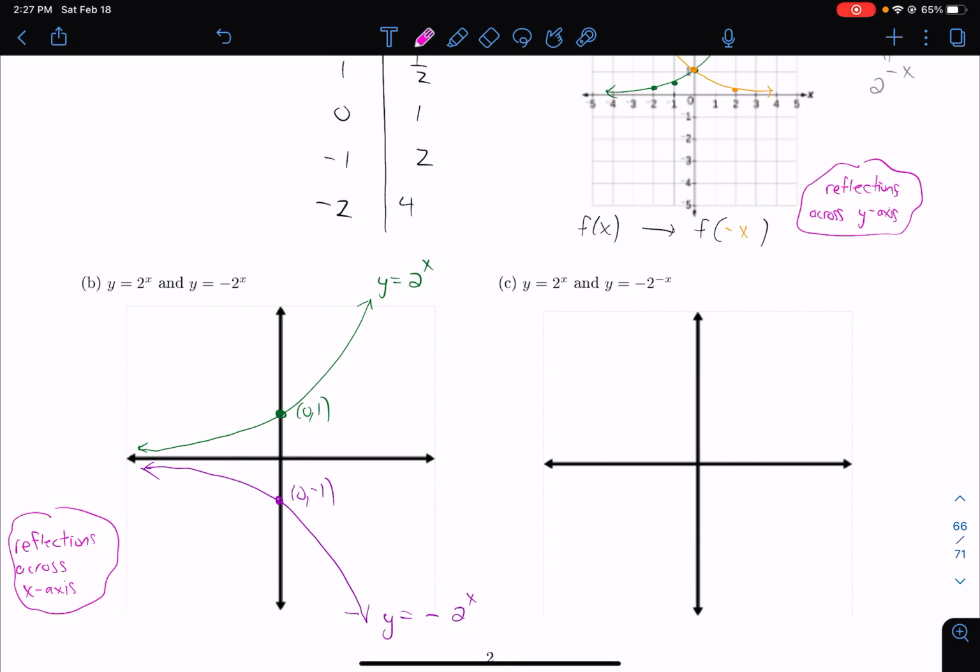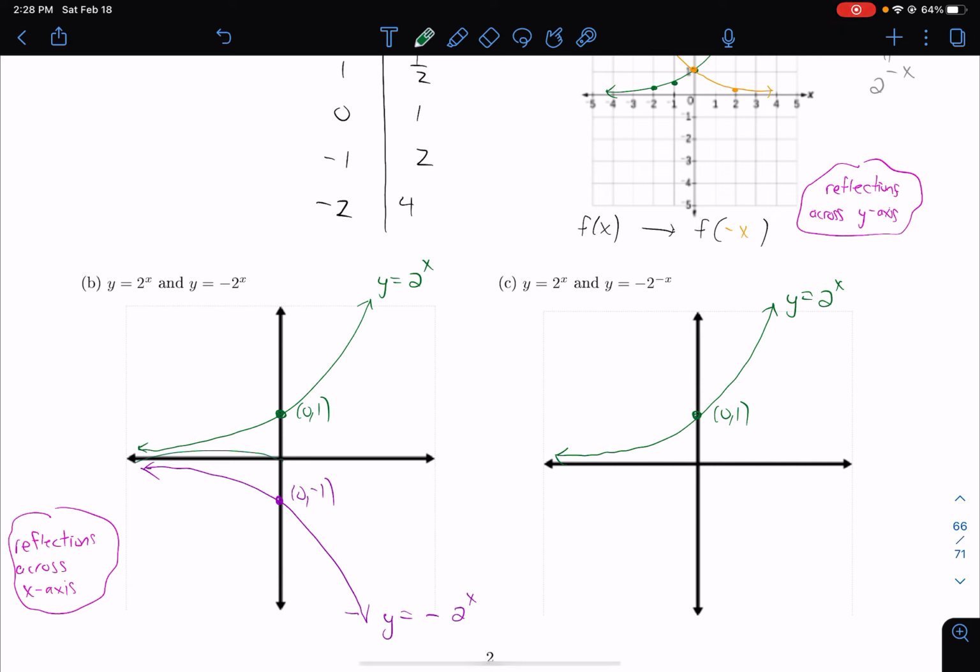Okay, and then finally in part C, we've got y equals 2 to the x one more time. Let me draw that in. All right, so hopefully we're getting more and more comfortable with drawing the graph of y equals 2 to the x. It's got this balance point at (0, 1). And then if you change the x to a negative x and you put a negative in front of the whole thing, that's going to reflect the whole graph across both axes, across the x-axis and across the y-axis.